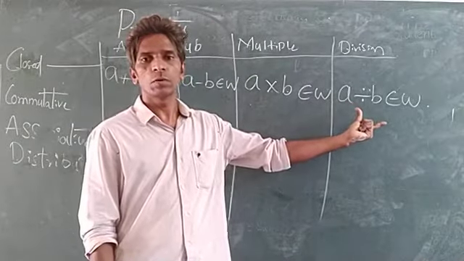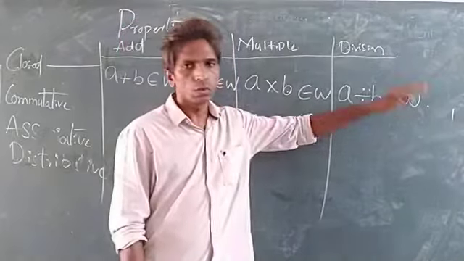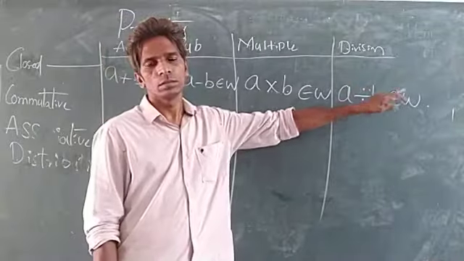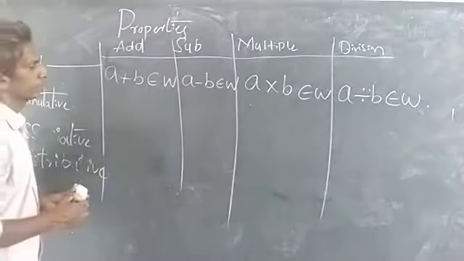If the two numbers are whole numbers, by doing the division, you want to get the whole number only. If it is not, you don't write belongs.